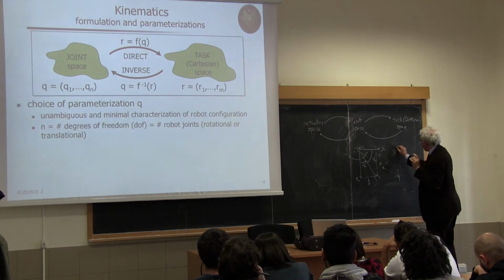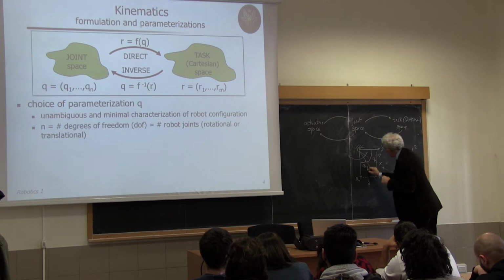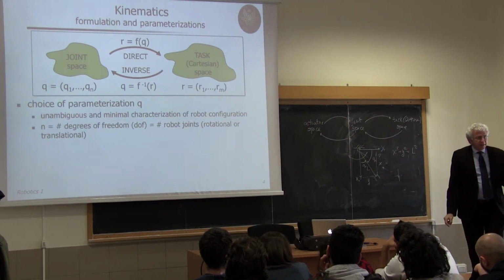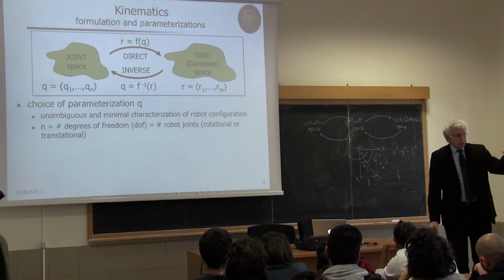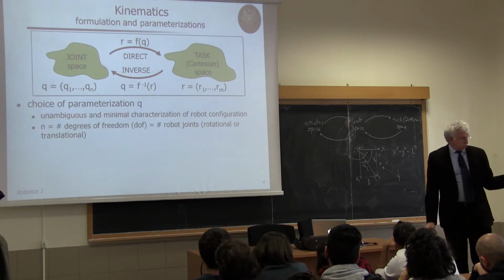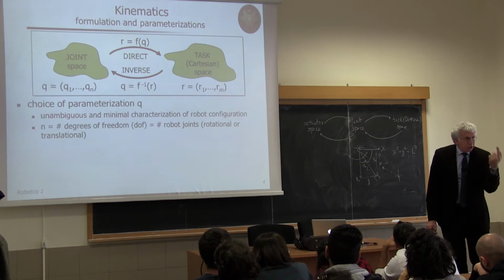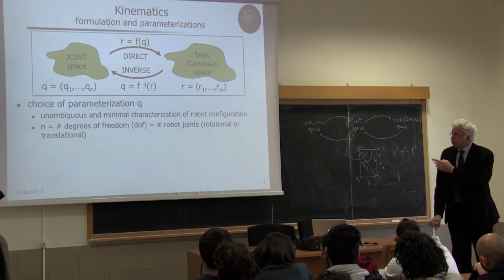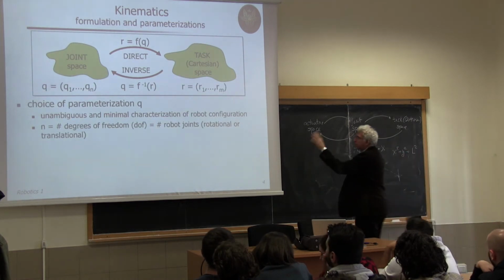Because x squared plus y squared should always be the length of this link. Otherwise, this makes no sense. So in fact, I'm introducing 2 coordinates, and then I'm adding 1 constraint. So in fact, I need only 1 coordinate. It's exactly the same reasoning that we made for the minimal representation of orientation. Okay? So this means unambiguous and minimal.